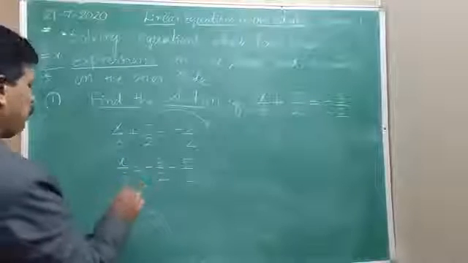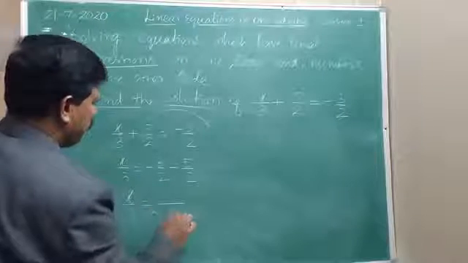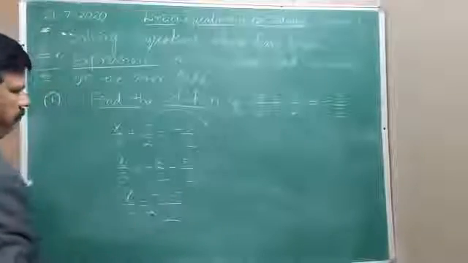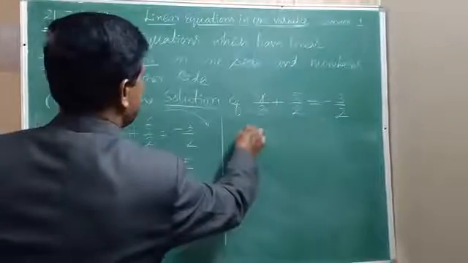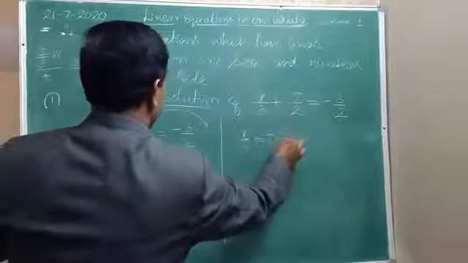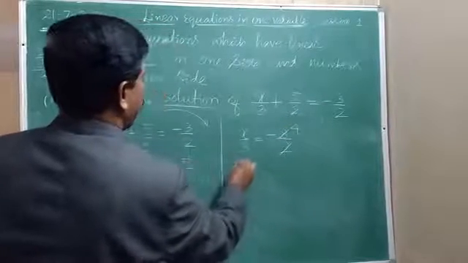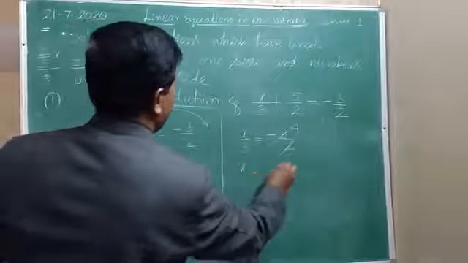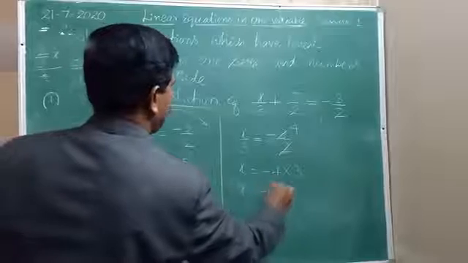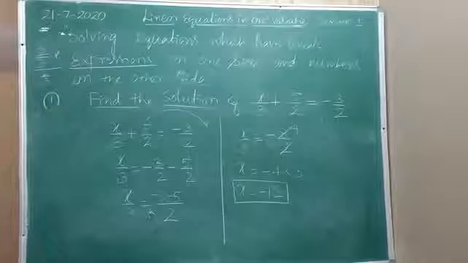Now here, x by 3 equals, 2 is the LCM, then add directly minus 3 minus 5. So x by 3 equals minus 8 by 2. So 2 1s are 2, 2 4s are 8. Then x is equal to minus 4 into 3. So x is equal to minus 12.